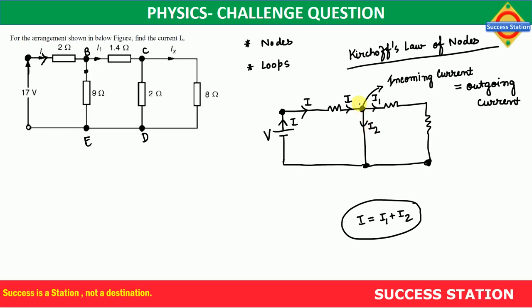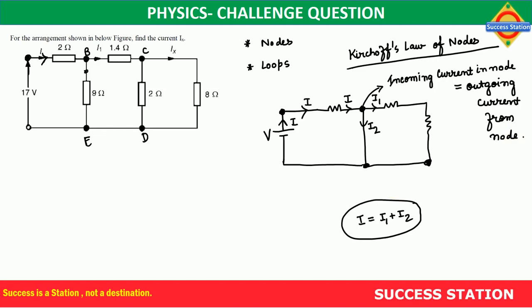So whenever you see a node, the incoming current in the node will be equal to the outgoing current from the node. Is it clear? This is what you get to understand from this law.